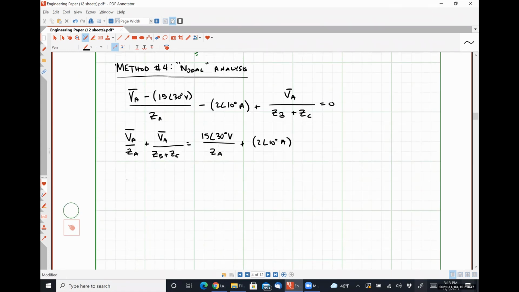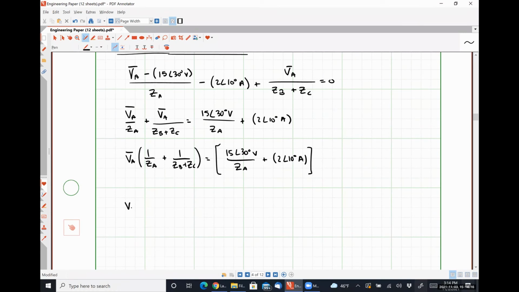Then I can say that VA is just multiplied by 1 over ZA plus 1 over ZB plus ZC, is equal to that same thing, 15 angle 30 degrees volts divided by ZA plus 2 angle 10 degrees amps.